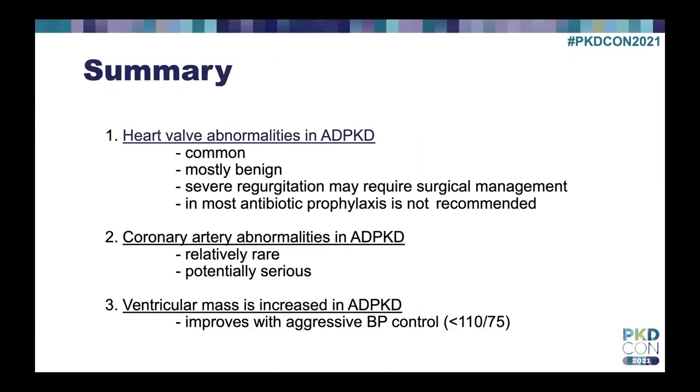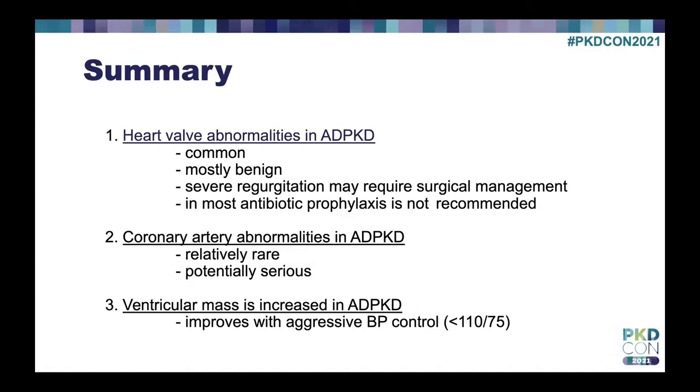So in summary, valvular abnormalities in ADPKD are common, but they are mostly benign. However, severe regurgitation may require surgical management. And in most ADPKD valvular complications, antibiotic prophylaxis is not recommended. Coronary artery abnormalities in ADPKD are relatively rare, but potentially serious, and it's important to know about them.